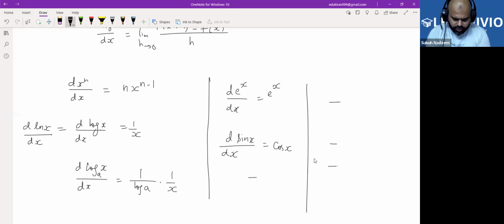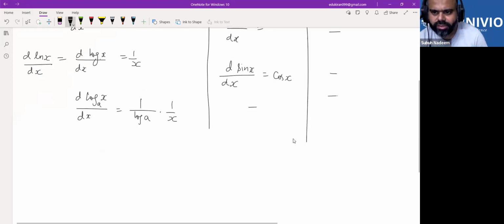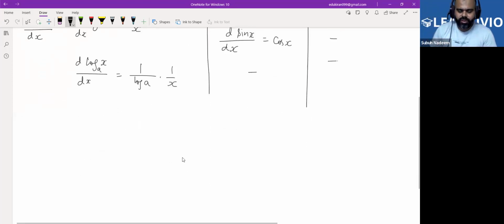One important thing which we have to do is to understand chain rule. Chain rule is very important to understand. Suppose there is a function which is a composite function. What do you mean by a composite function? It means one function outside and one function inside.